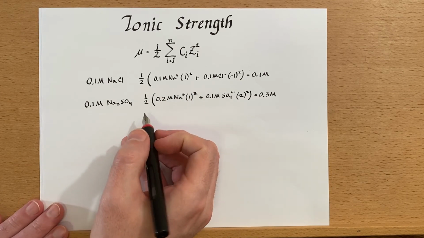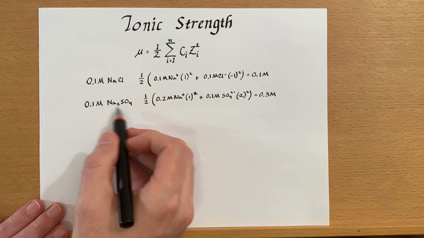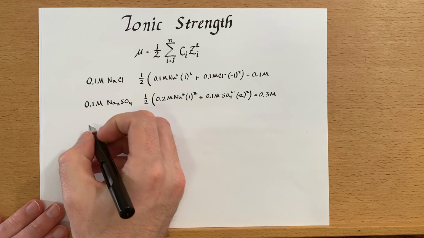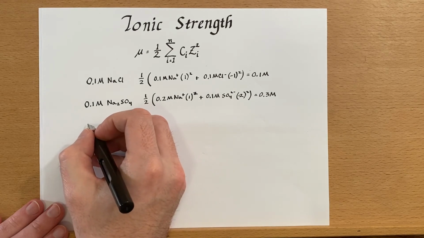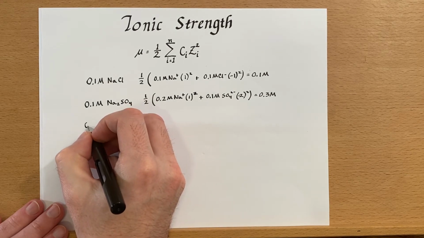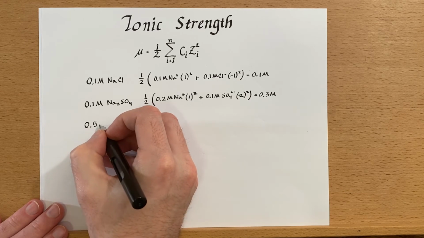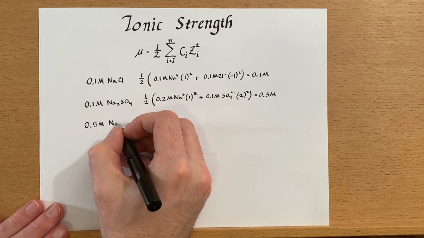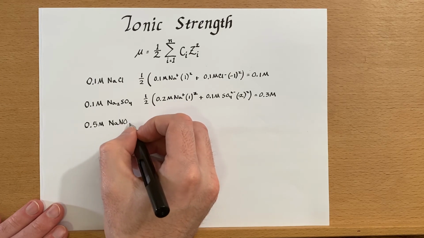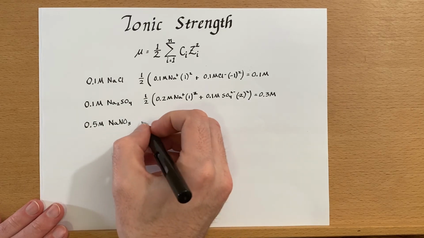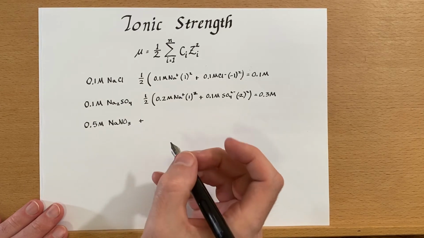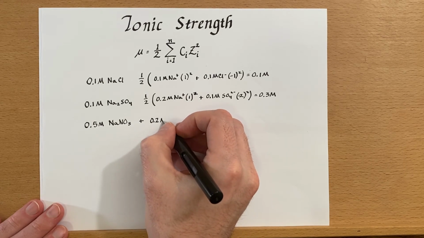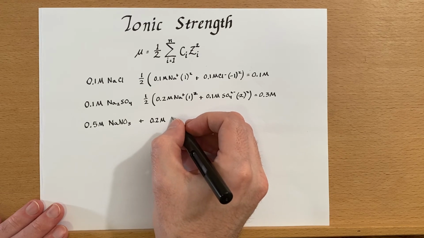Now, you can just do the ionic strength calculations for single substances like this, or if we had a more complicated solution, let's say we had 0.5 molar sodium nitrate, and in the same solution we also had 0.2 molar calcium nitrate.